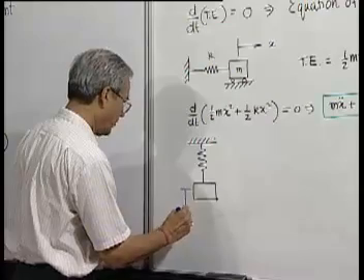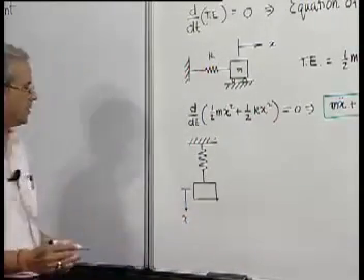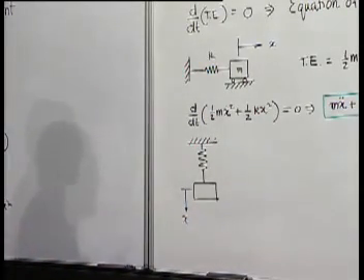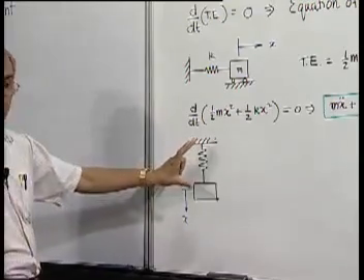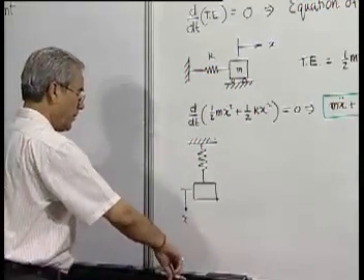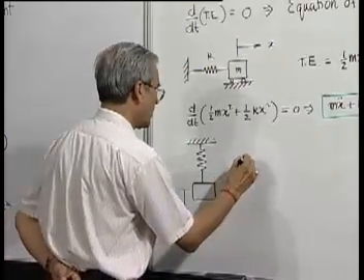And we measure the displacement coordinate from its equilibrium position where the spring is no longer in natural length. So, in this case, what will be the total energy?